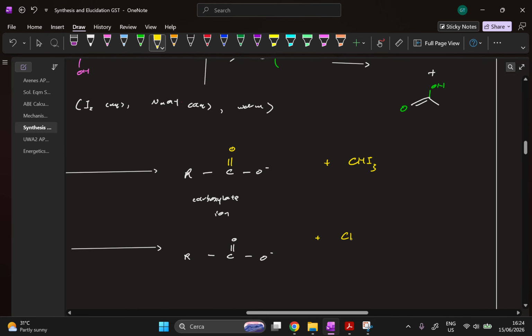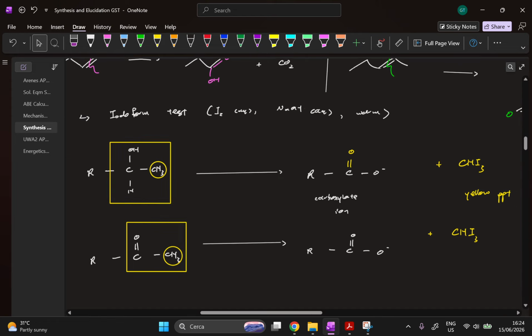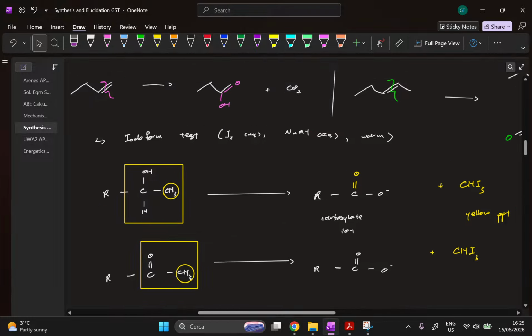Of course, this is not a balanced equation. You can see your lecture notes for the balanced equation, but this is going to be my yellow PPT. And you see, it's because I have lost one carbon, that's why I get my CHI3, triiodomethane or iodoform. Understand?